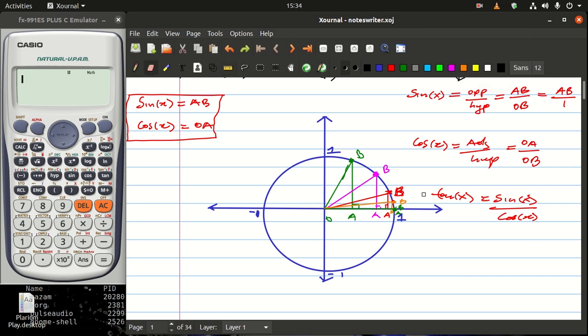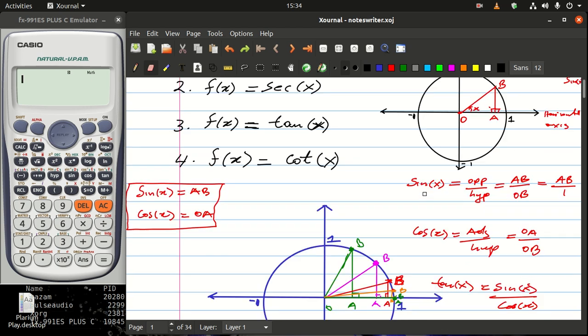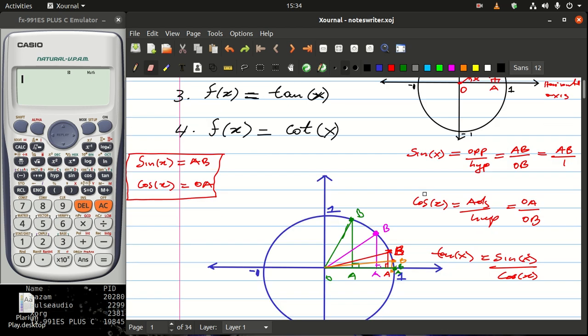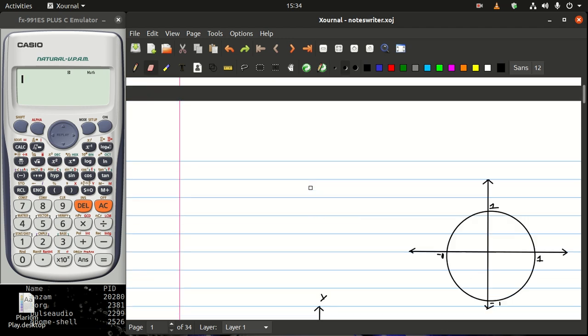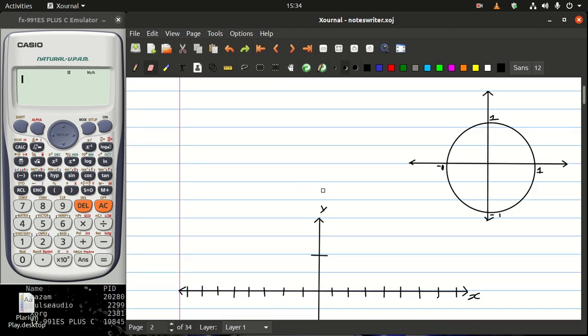So now we have this, and let's go down. Now we want to actually plot cosine of x, A cosine of x, which is the same as OA. So again, we had this nice figure here, and then we said this figure is this side. We have a vertical axis, and this side we have a horizontal axis.